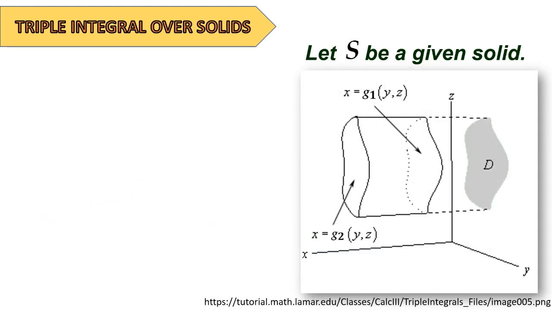Let's have a solid oriented as shown in the illustration. The solid S is now bounded by the graphs of x equals g sub 1 of yz and x equals g sub 2 of yz, and the region D is now projected on the yz plane.